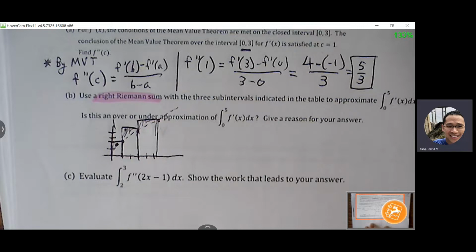If the graph was decreasing, then the right Riemann sum is going to end up under approximating. And these are not anything you want to have to memorize, right? You just sketch the graph and create your rectangles and visualize whether your rectangle is sitting below or above the curve. If it's below, you know it's going to underestimate the actual value. If you see the rectangle above the curve, then it's going to end up over approximating.